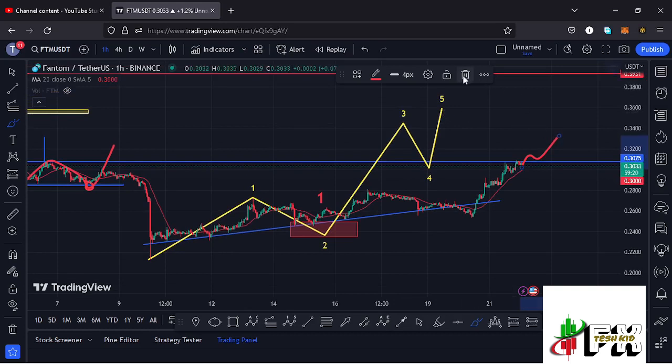And we also need to have in mind that we can't just fully maximize our target area for that wave 3 in just a straight move to the upside. We need to be expecting a bit of a pullback before we can fully maximize that target area.